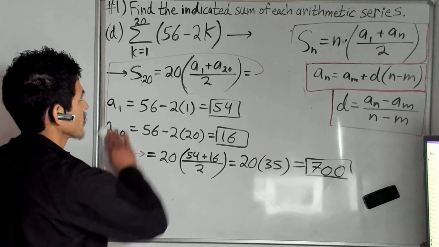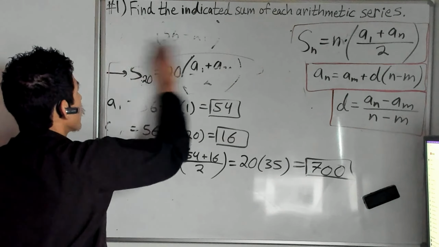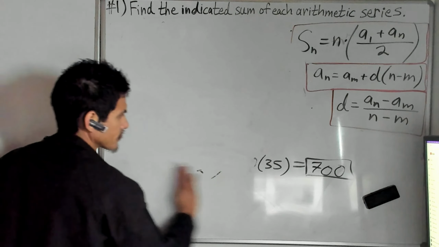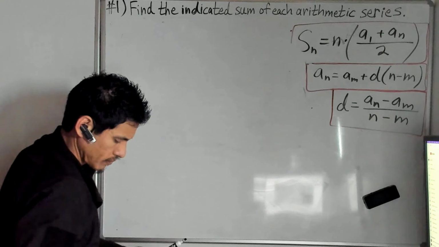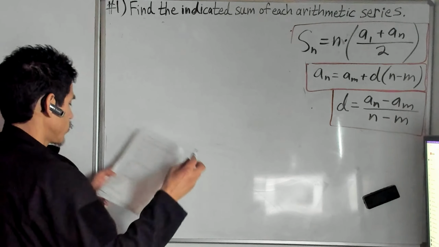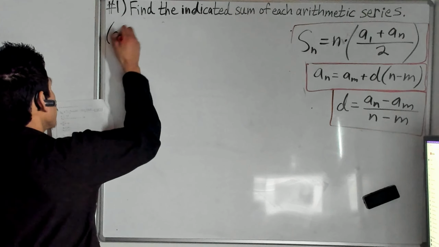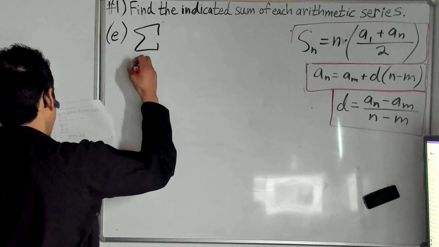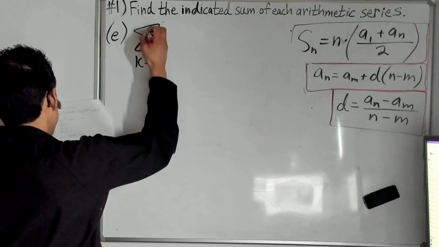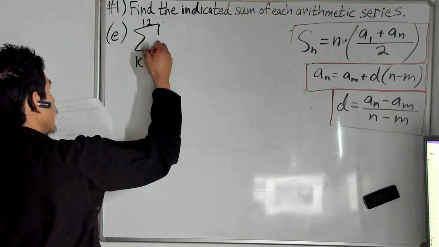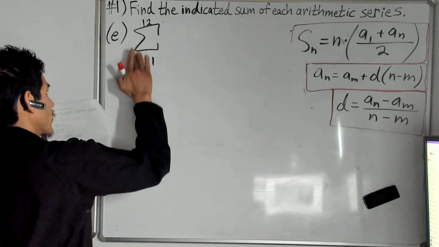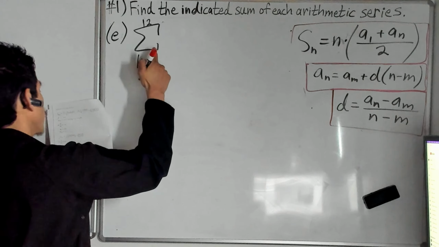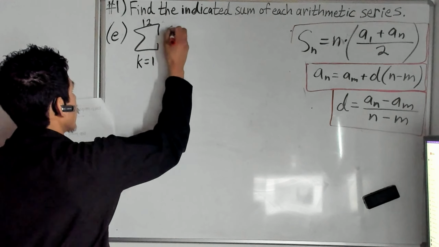So two more of those guys. For E, K equals 1 to 12, 3 plus 4K.